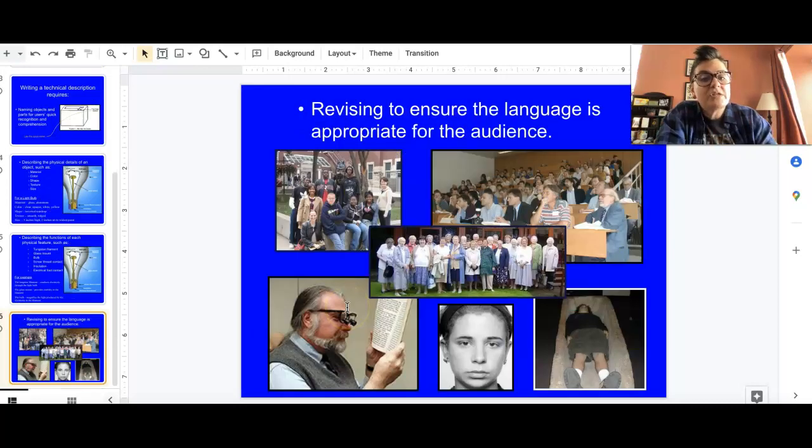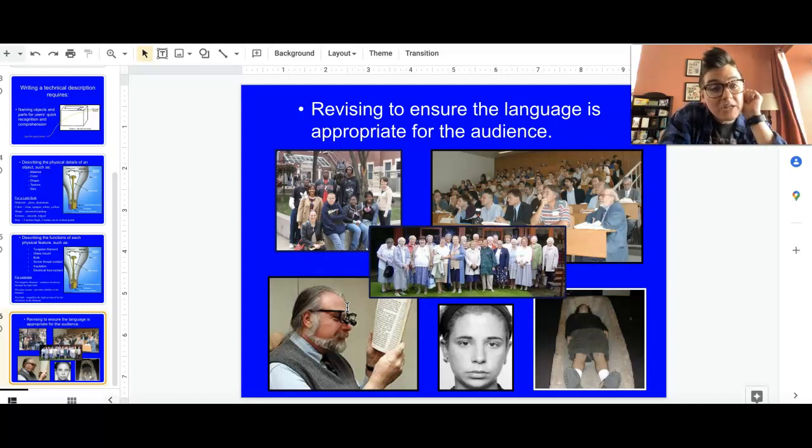And the other thing that you want to do is make sure that you are revising the language to ensure that it's appropriate for your audience. In particular, your audiences are not always, but are often going to be comprised of both experts and non-experts.